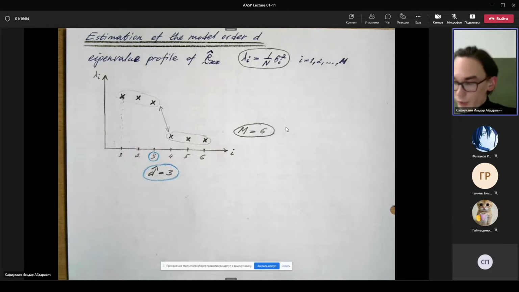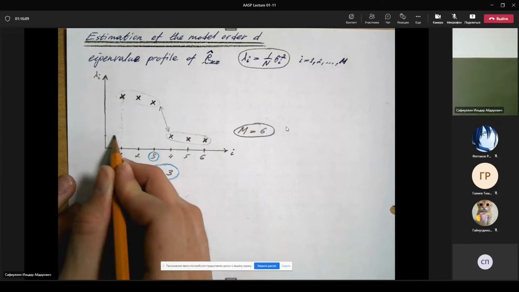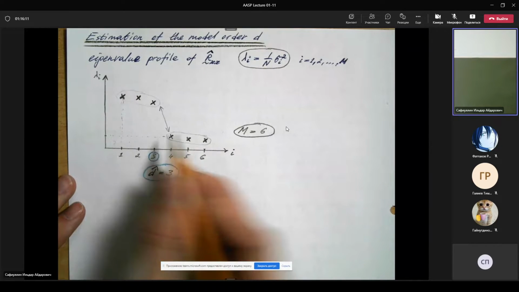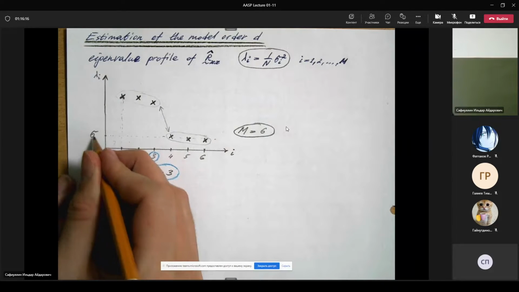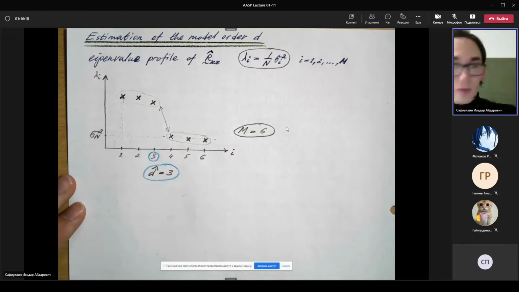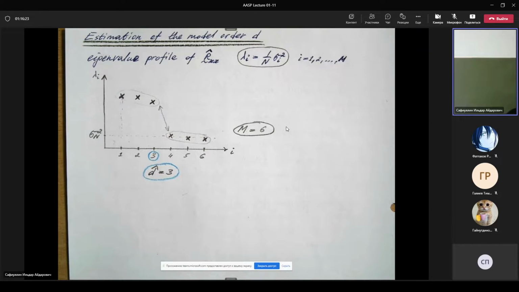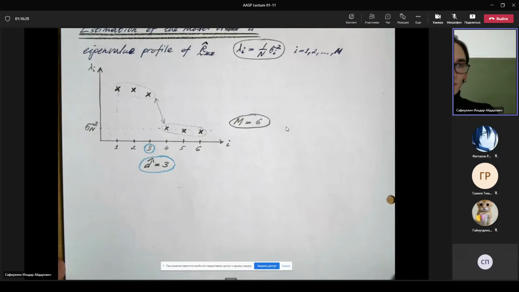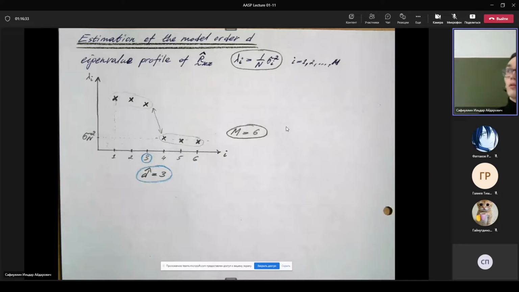And here we can show that this thing is approximately equal to sigma n squared. And for estimation of a model order, we can use different algorithms.